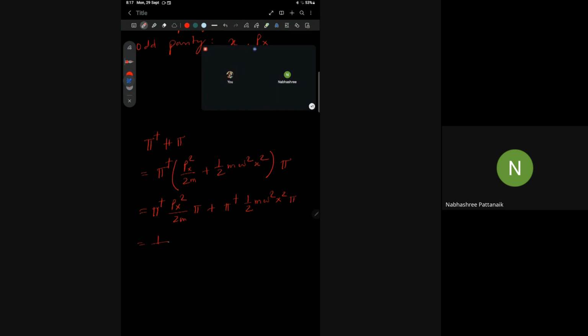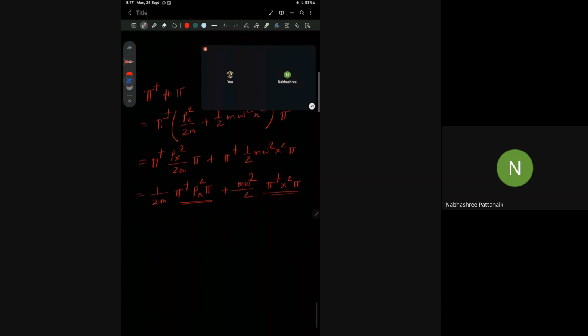So 2m comes outside: 1 by 2m pi dagger p_x square pi plus m omega square by 2 pi dagger x square pi. So you have to find out this quantity and this quantity, right?